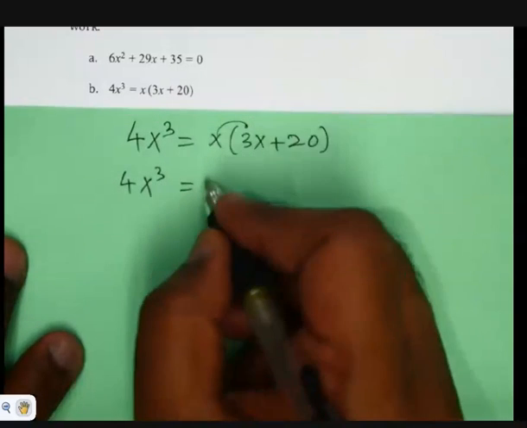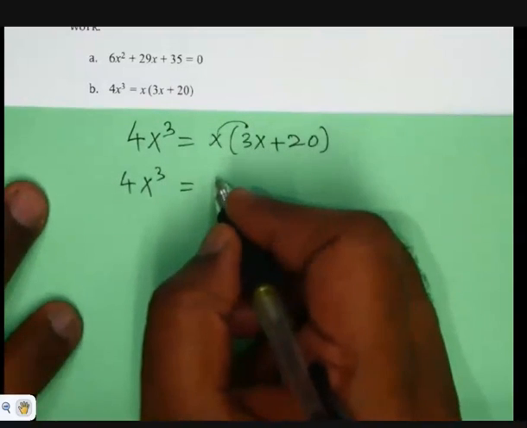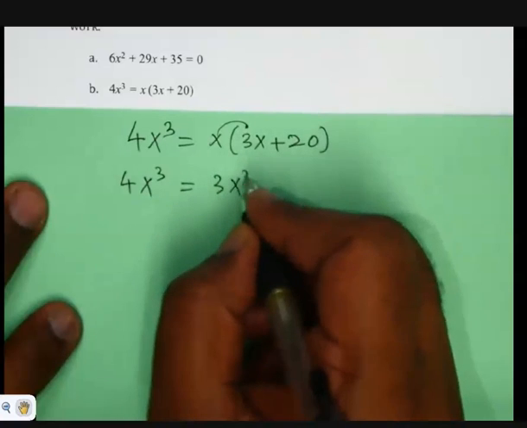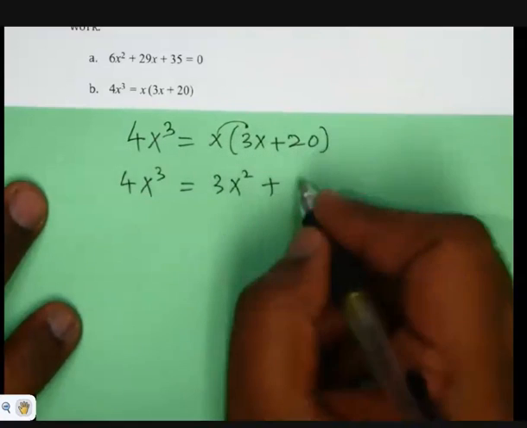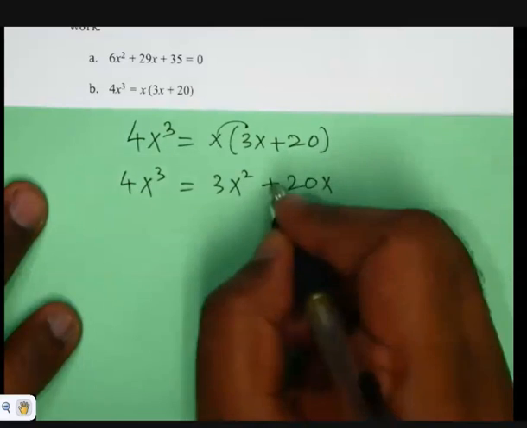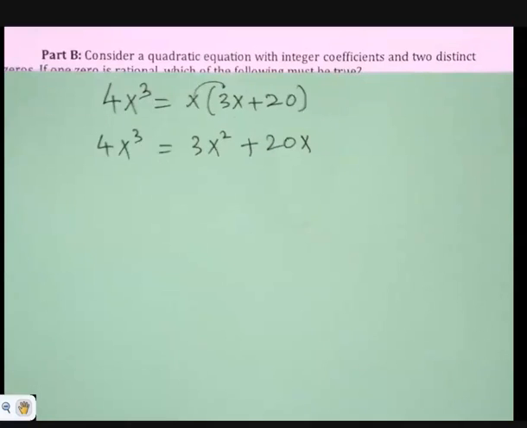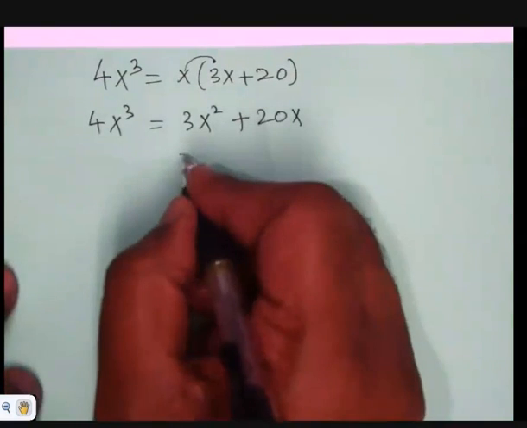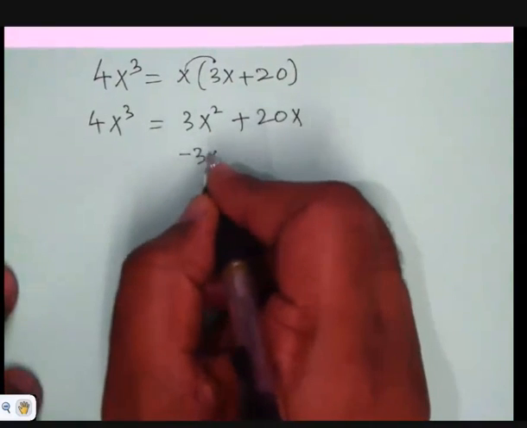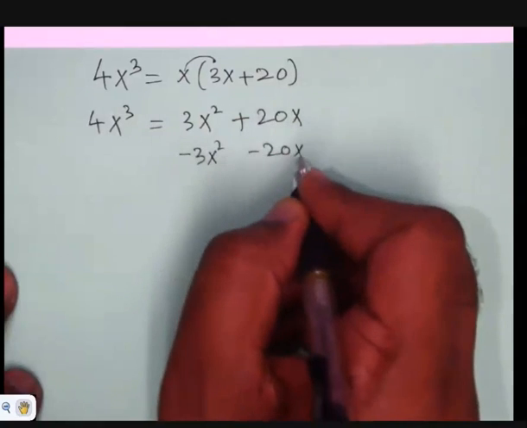First, let me distribute. x times 3x, 3x squared, plus x times 20, 20x. Then, bring everything onto the left-hand side. You do it by subtracting 3x squared, subtracting 20x.